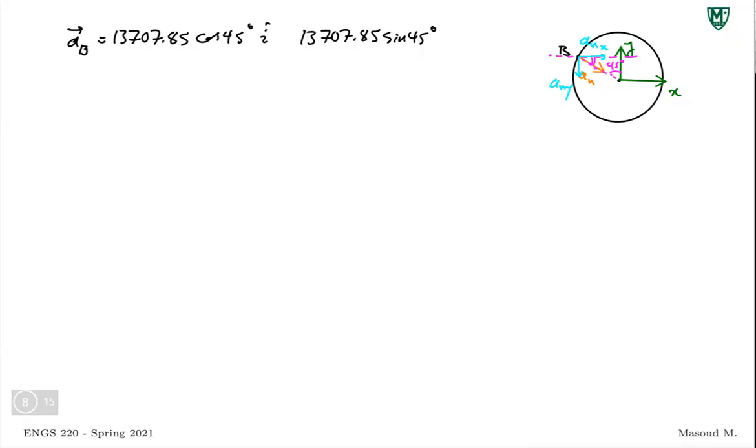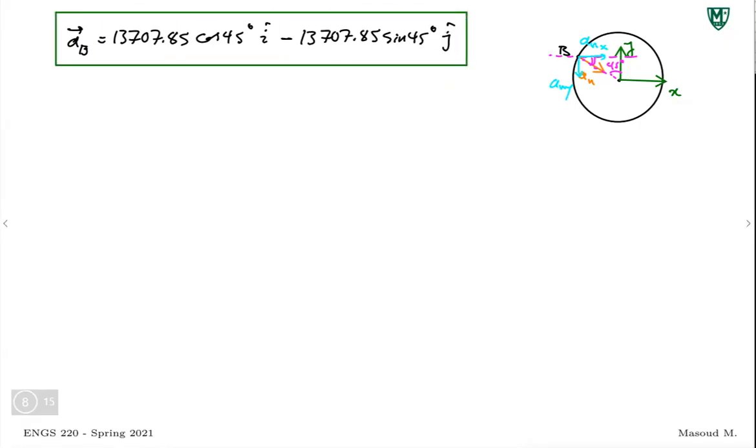But it's downward, so it's negative, and it's in the Y direction. So this becomes the representation of your acceleration in the Cartesian or XY coordinate system.